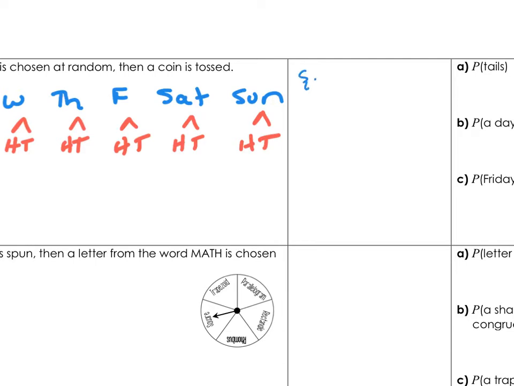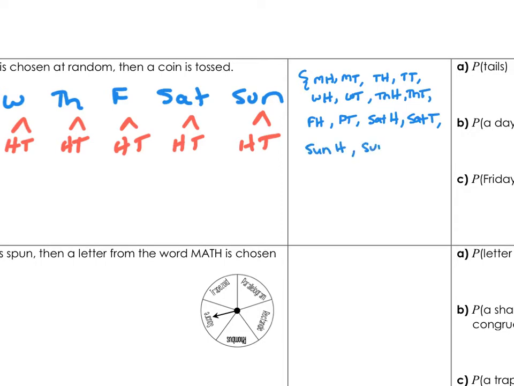So we've got Monday heads, Monday tails, Tuesday heads, Tuesday tails, Wednesday heads, Wednesday tails, Thursday heads, Thursday tails, Friday heads, Friday tails, Saturday heads, Saturday tails, Sunday heads, Sunday tails. There we go. So we have all of our possible combinations there, okay? And I'm sorry that it looks a little wonky with the Sun and the Sat and the Th and the T, but I think you guys know what's happening here.